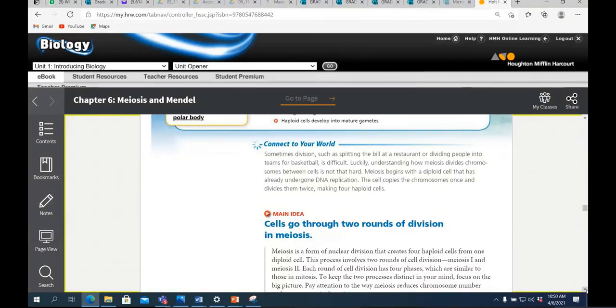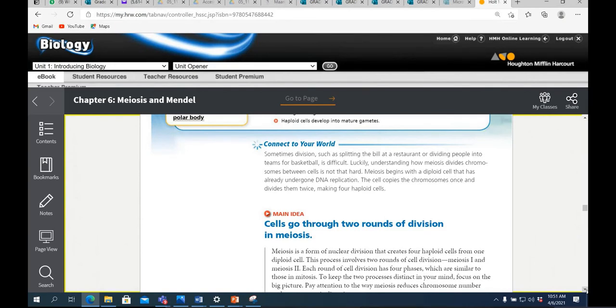One will definitely be extra in either of the teams. Similarly, when you are trying to go Dutch to pay in a restaurant, if the amount is an odd number, again it's difficult to divide equally. Isn't it, ladies? So luckily, understanding how meiosis divides chromosomes between cells is not that hard.